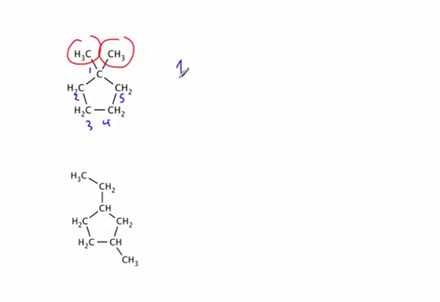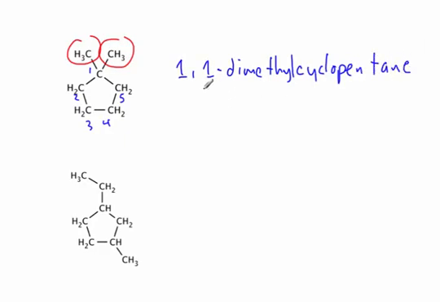So it's going to be 1,1-dimethyl, because there's 2 methyl groups, both on carbon 1, cyclopentane. So now the numbering is required. Must number branches. As soon as you have more than one, you need to number. If there's only one, you don't need it because it'll always be carbon 1.